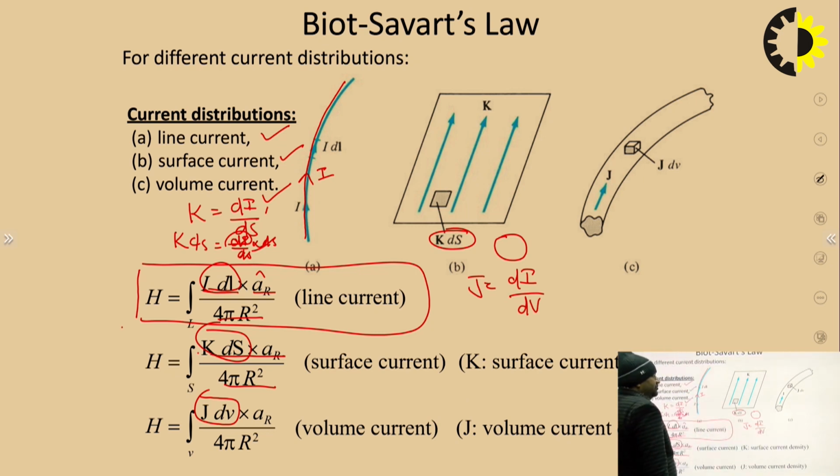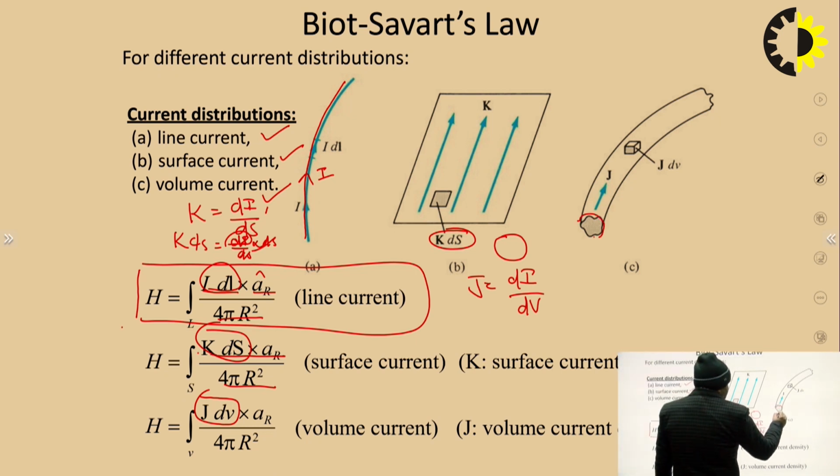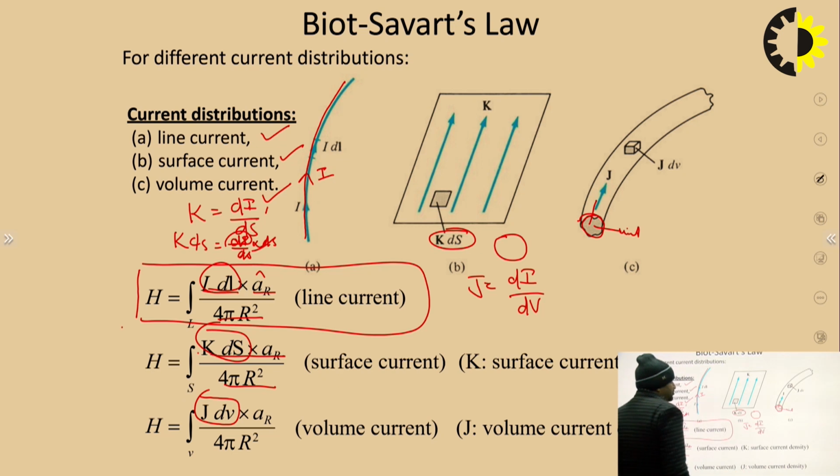So J is defined by dI by dV, and J into dV represents how much current flows in that particular volume.